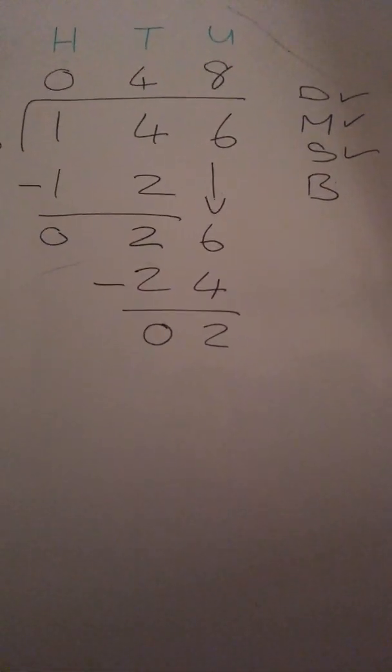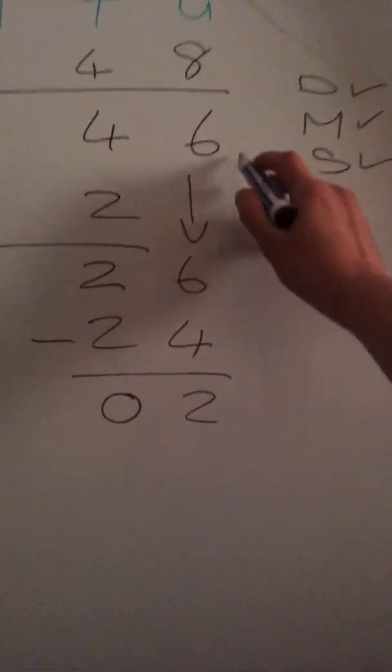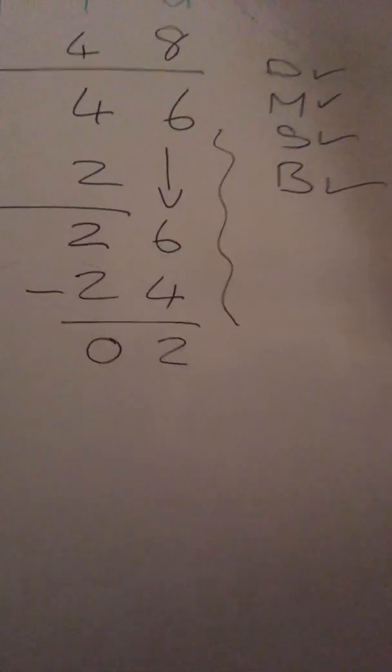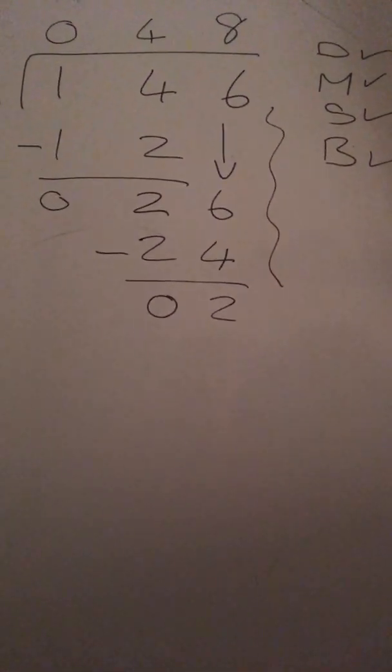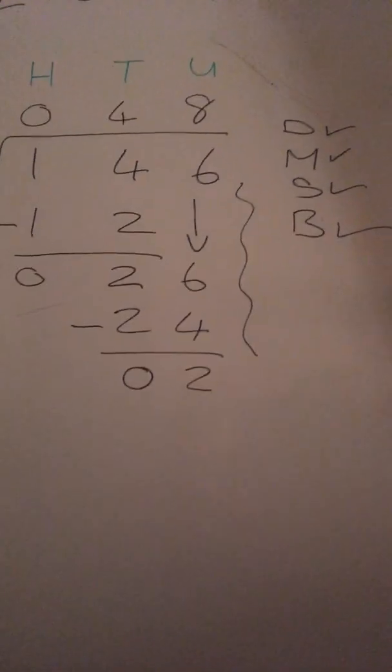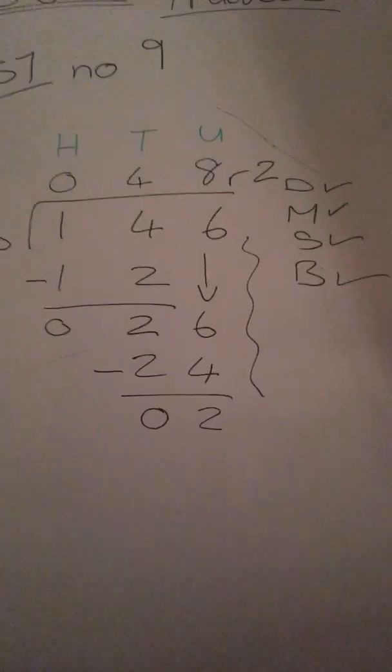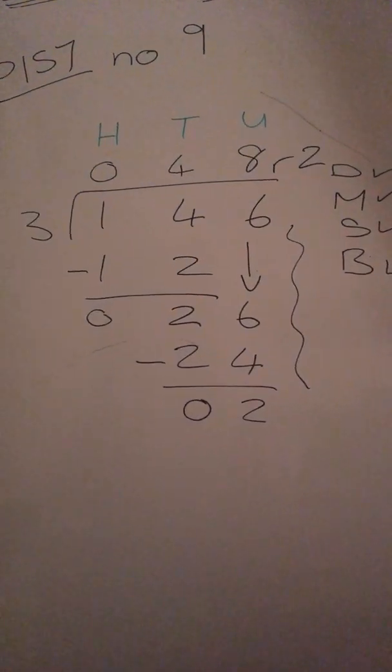Okay, subtraction. And is there anything to bring down? No, there's nothing to bring down. So unfortunately, we're done. Because if there's nothing else to bring down, then we don't do the division again. We don't want to put another 0 for no reason. So the answer is 48 remainder 2. R2. There you can see this is your final sum.